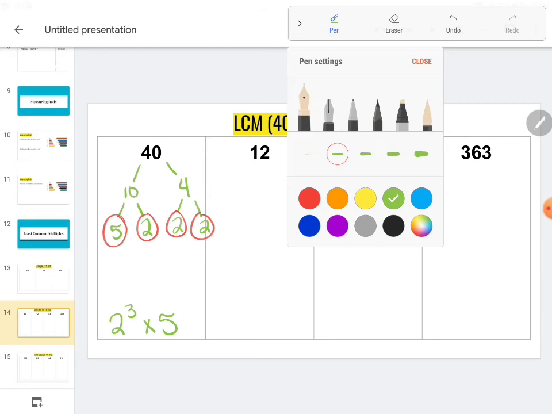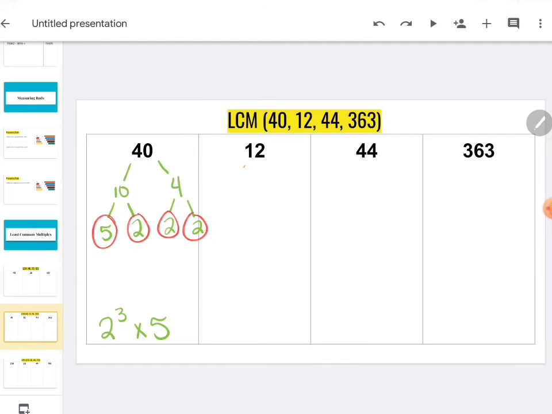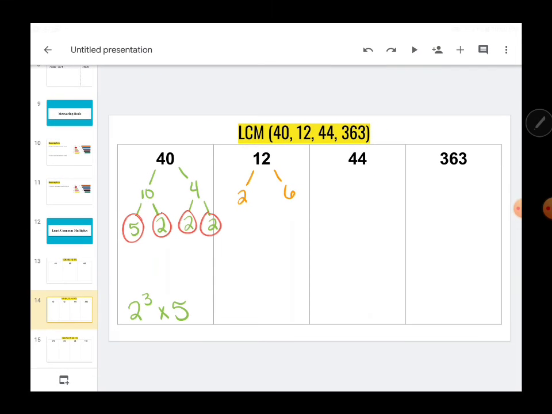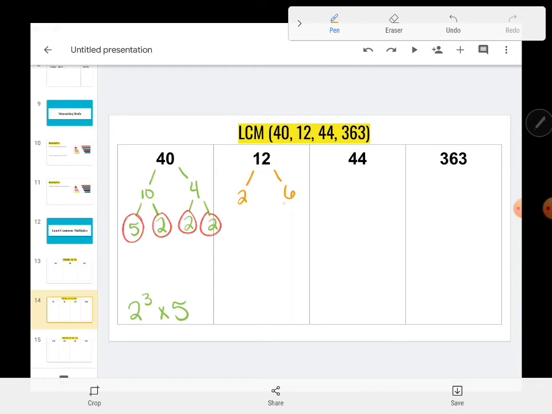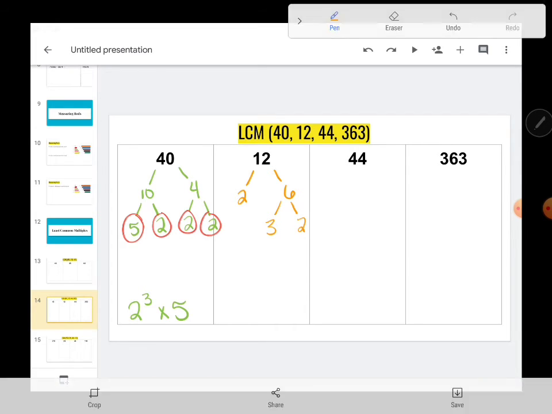Now for our next one, we'll get orange this time. We know that 12 is an even number, so it's divisible by 2. So we're going to do 12 divided by 2, which is going to be equivalent to 6. 2 can't break down anymore, but 6 can. So we're going to do divided by 2, which will be 3, because 3 times 2 is 6.